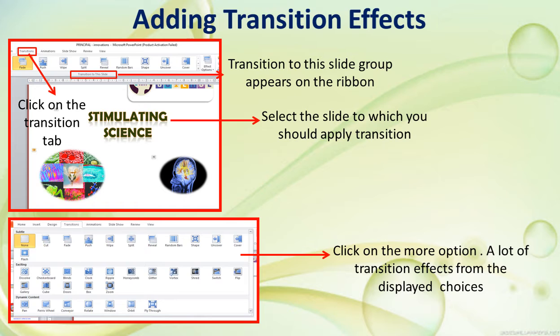When you click on that, you will find a lot of transition effects displayed to choose from. As I told you at the beginning when I introduced transitions, there are three types of transition effects: subtle, exciting, and dynamic content. You can see different types of transitions appearing from the More option.